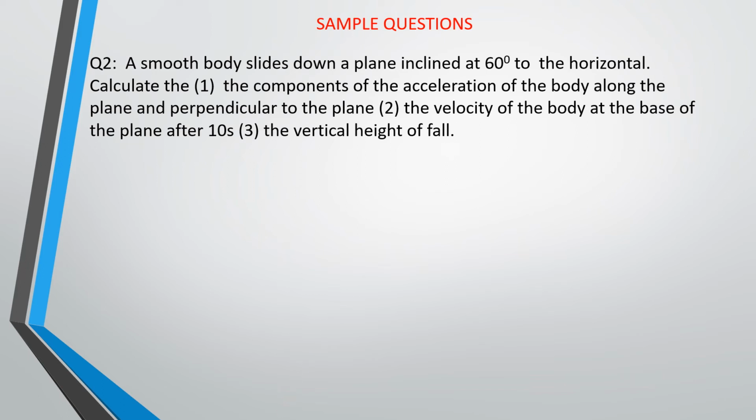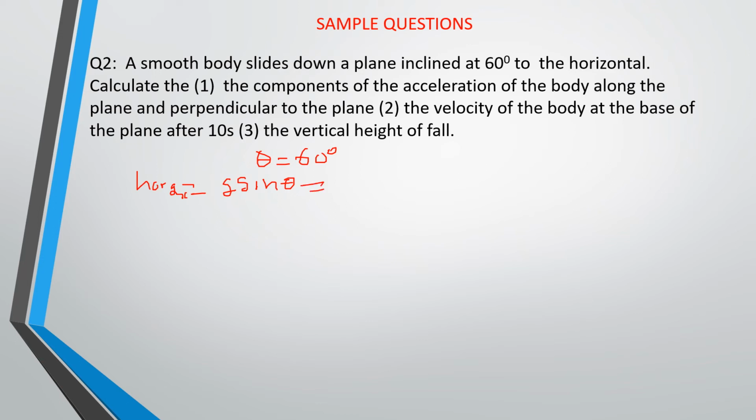Here you are given theta to be 60 degrees. Okay, so the horizontal component of the acceleration is equal to g sine theta. That is the horizontal component, gx.